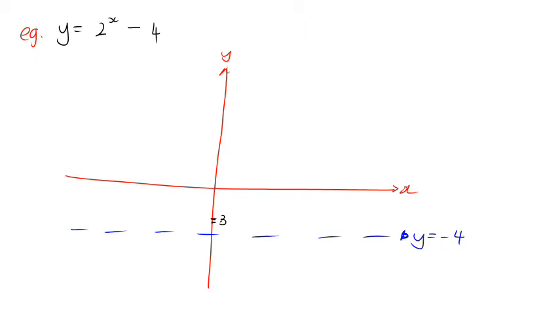Our x-intercept will be at 4 equals 2 to the x, so x is 2. As always, we just make y equals 0 to find the x-intercept. We make x equals 0 to find the y-intercept. That's all I'm doing. However, I have not yet reached the point where we ask you the question. Okay?